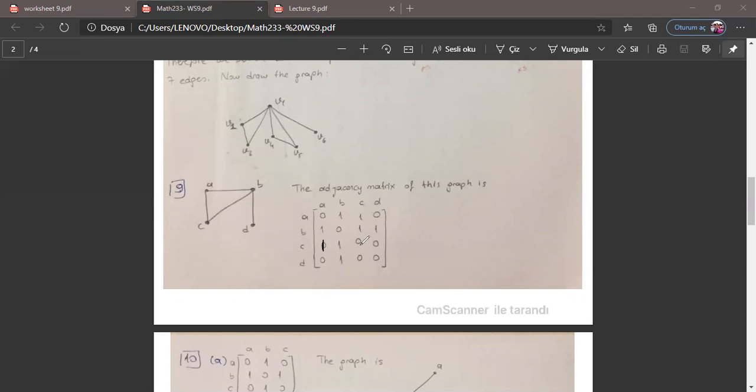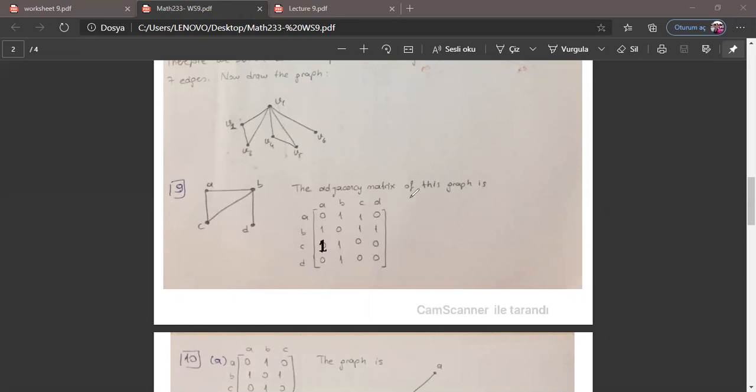C and C, there is no edge, there's no loop actually. We write 0. And C and D, we again write 0. And A and D, there is no edge, 0. B and D, there is only one edge, so we write 1. And D and D, there is no edge, so we write 0. Okay, there is only one mistake here, it should be 1.